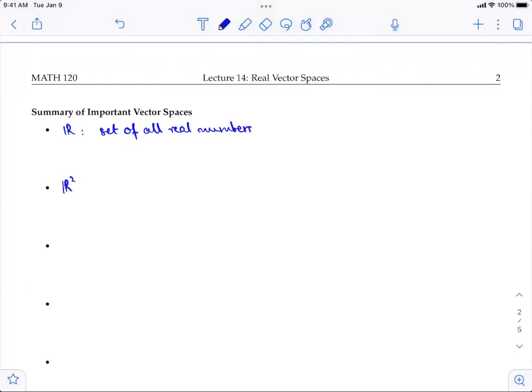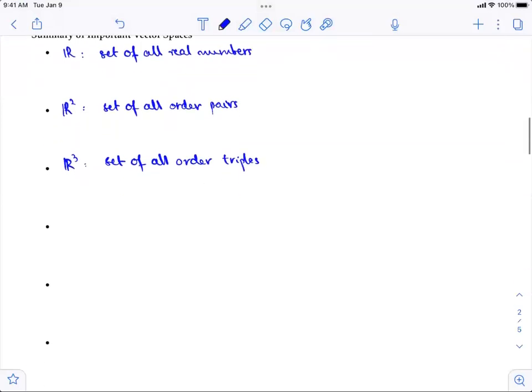You can have R2, which is the set of all pairs. R3 is the set of all triples. We talk about n-dimensional vectors, or Rn. This is the set of all ordered n-tuples.